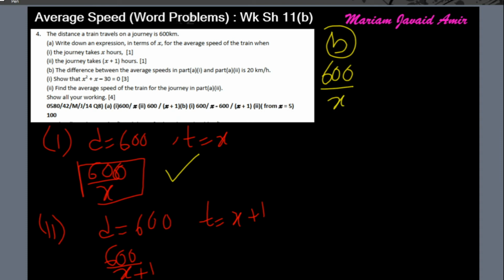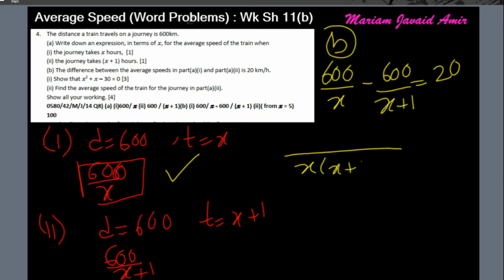So 600 over x minus 600 over x plus 1 equals 20. Take LCM. x plus 1, 600x plus 600 minus 600x equals 20.